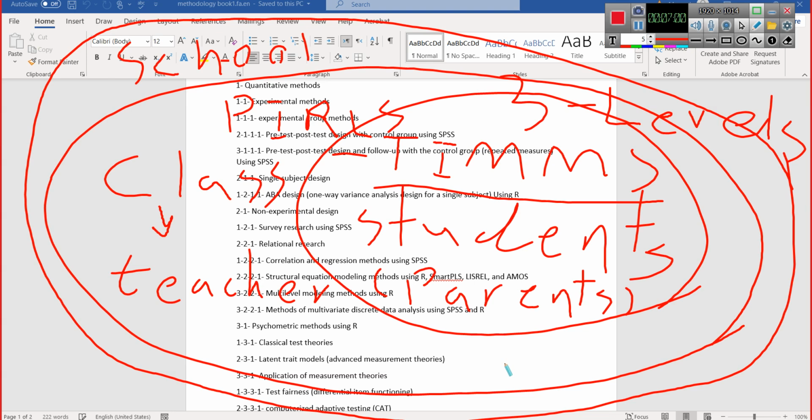So in this kind of data sets, like PIRLS and TIMSS, we have students' and parents' variables and questionnaires or some tests.